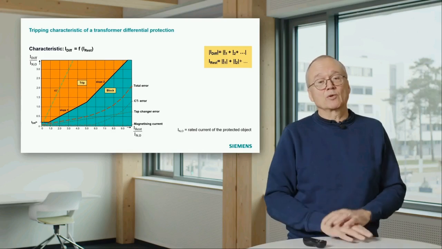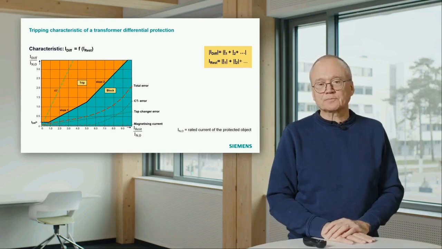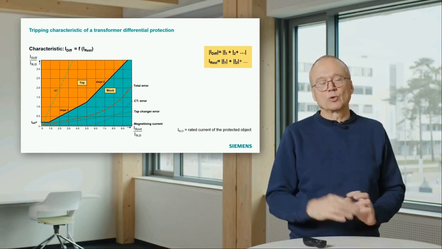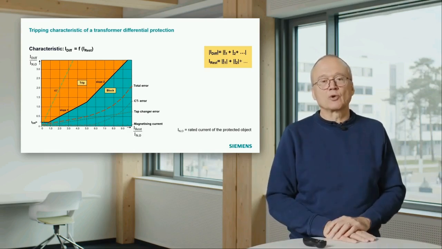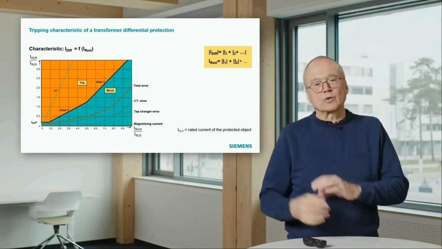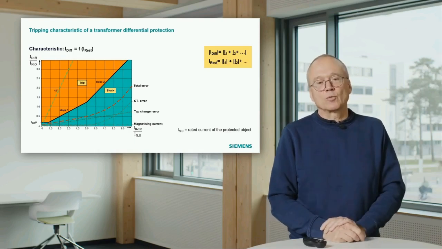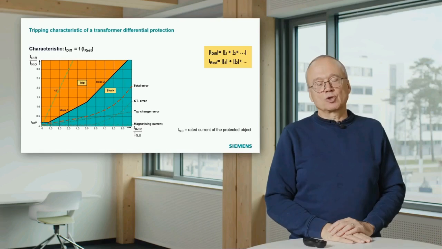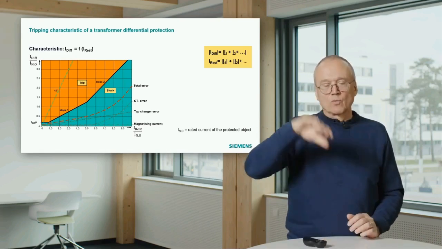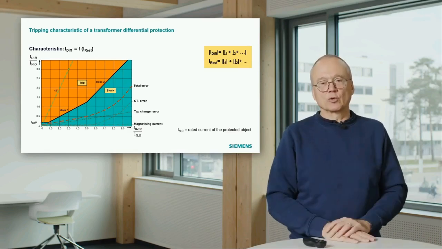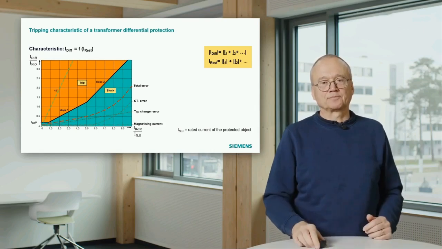Then we have some errors coming from the tap changer, which means that the winding ratio deviates from the standard ratio. And then we have current transformer errors, and they increase more than linear with the current. And from that we can make an estimation of the total error, and then we calculate a stepped characteristic so that we have a certain security margin there.